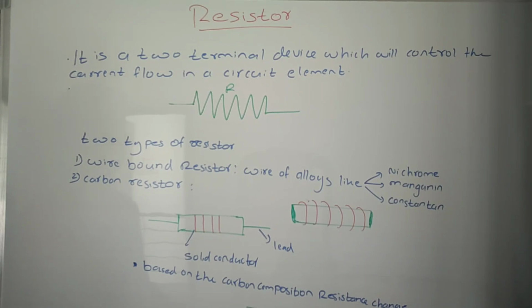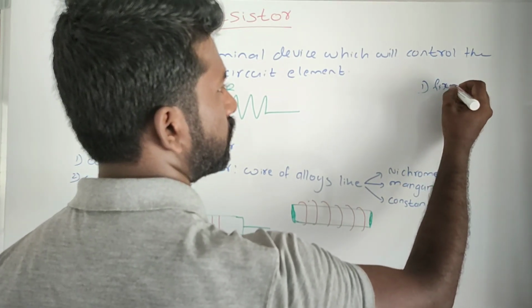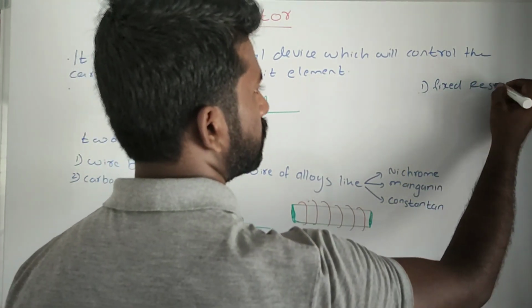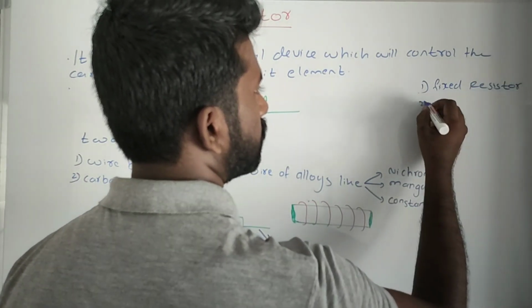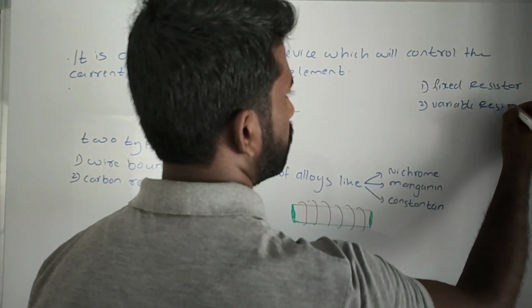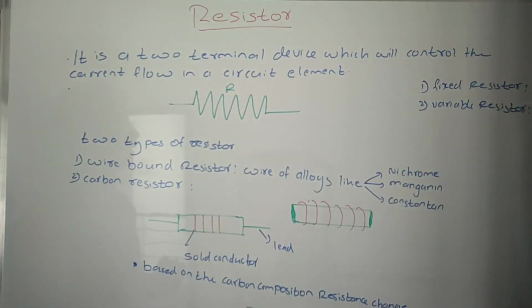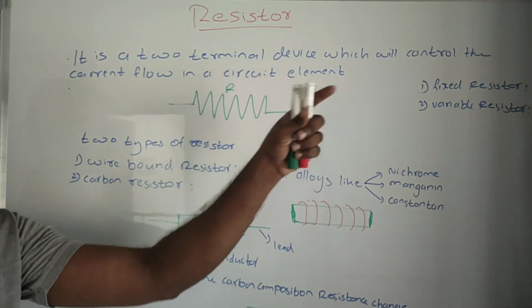Okay, and there are another two types of resistors: the fixed resistor and the variable resistor. As the name itself says, in the fixed resistor the resistance value is fixed.